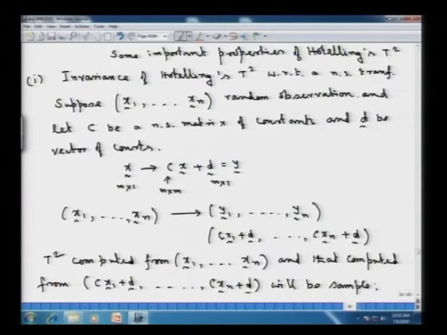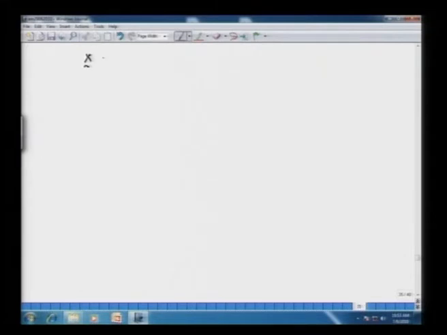We claim this invariance in the following way. Since we have made this non-singular transformation, the underlying x random vector will get changed to Cx plus D. Suppose x follows a multivariate normal with a mean vector mu and a covariance matrix sigma.